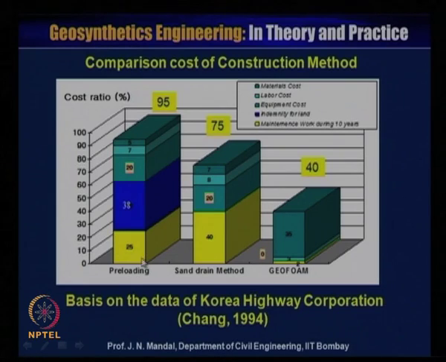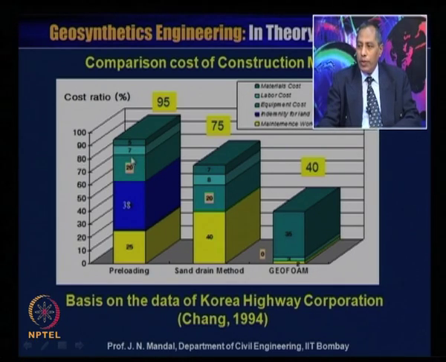So here 25% is for maintenance work during the 10 years. This is 38%, and this is 20% for the equipment cost, and then 7% is the labor cost, and 5% is the alternate cost.